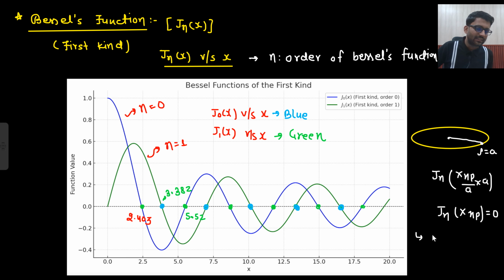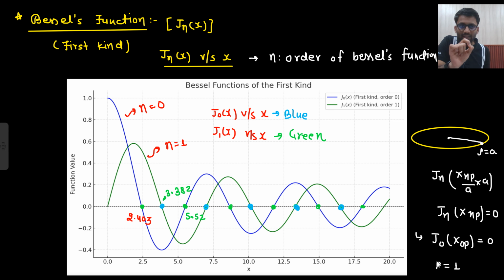Now let's say randomly I take n value as 0. So I write J0 x'0p equals 0. Now let's say I pick p equals 1. What does that mean? P equals 1 means for n equals 0 you get your 0 for the first time.